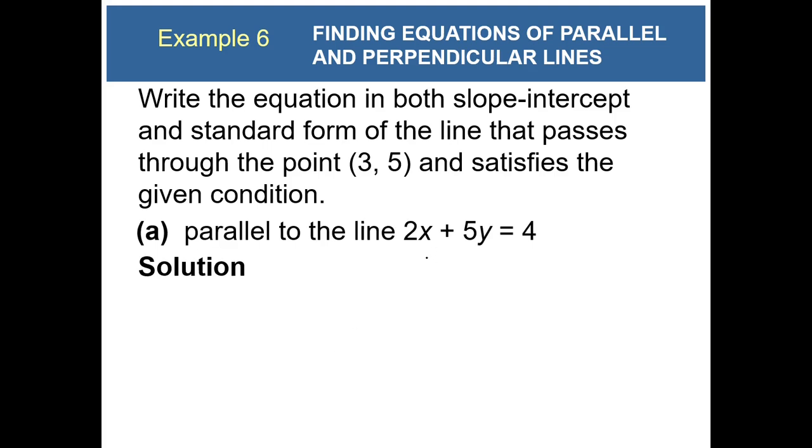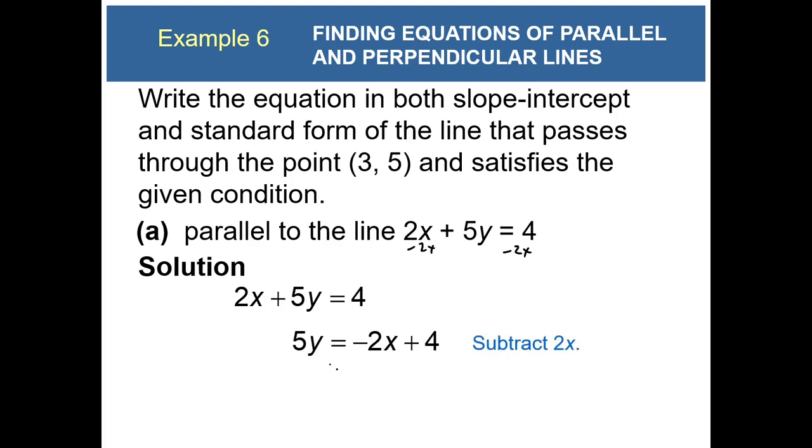So we'll solve for y by subtracting the 2x from both sides. And that gives us 5y equals -2x plus 4. Let's divide both sides by 5. And that simplifies to y equals -2/5 x plus 4/5. Now we only want to look at the slope.